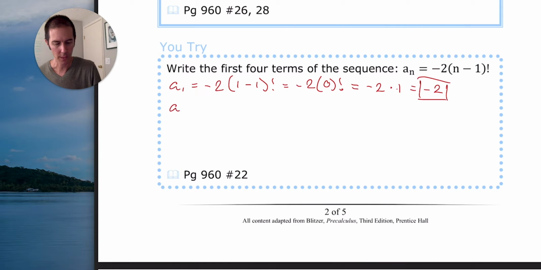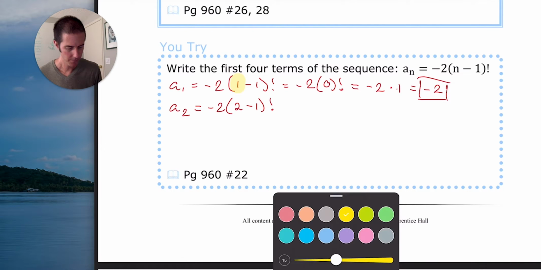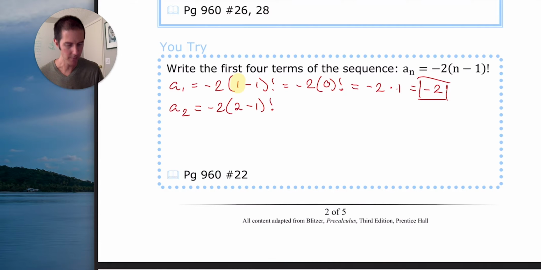Then we can go for a sub 2. That's negative 2 times our n value of 2 minus 1 factorial, right? So if you're a highlighter person, and when I teach in person, I often do this, because I think it's very helpful to see what components are lining up, what's getting substituted into what.